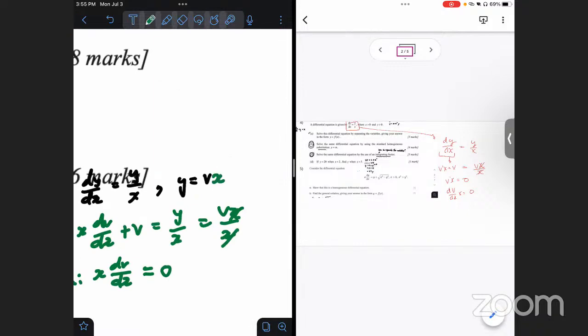What does this mean? Either x equals 0 or dv dx equals 0. Therefore, v equals c. Therefore, y over x equals c. That doesn't seem to make sense at all. Let me think for a while.